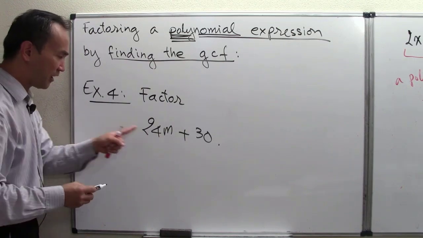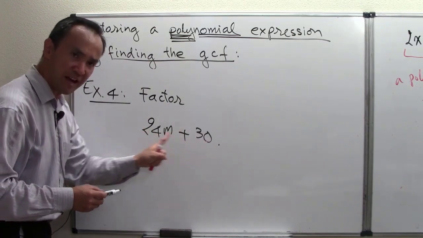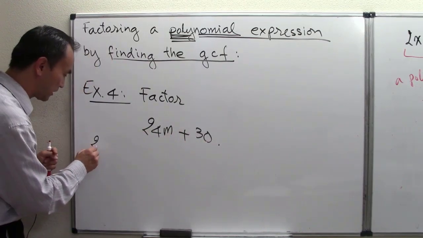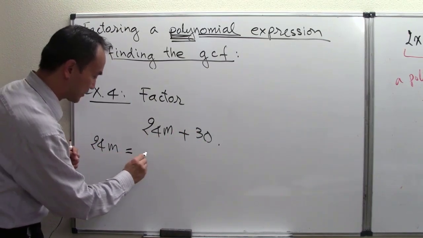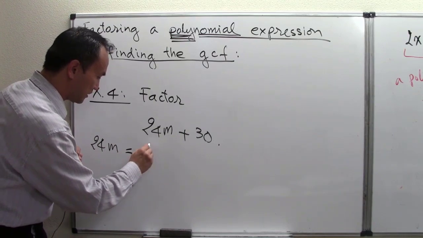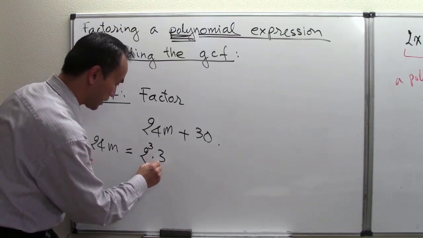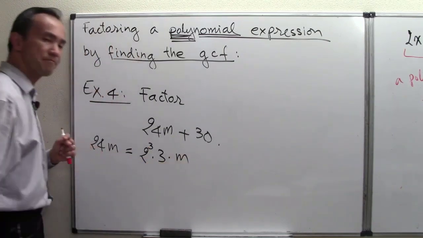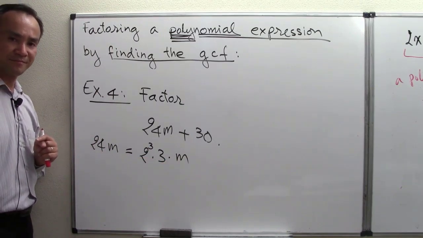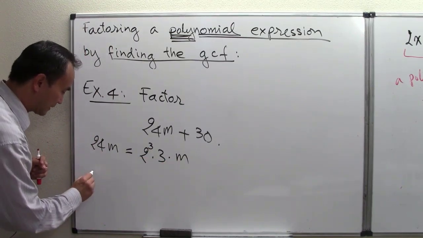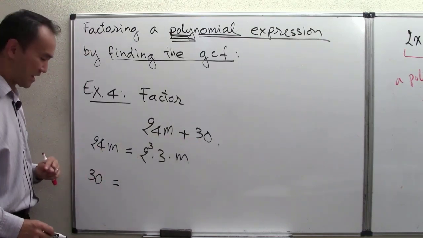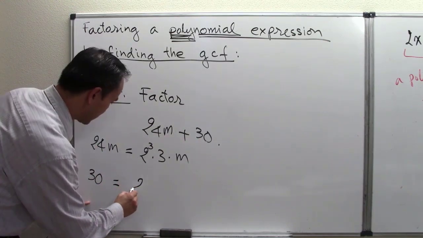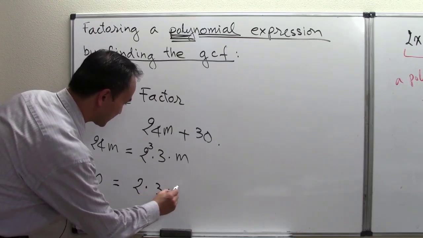I am going to find the prime factors in each of our terms here. So 24m can be written as a product of 2 cubed times 3 times m. Okay. And then 30, the other term in our algebraic expression, I can see that as 2 times 3 times 5.